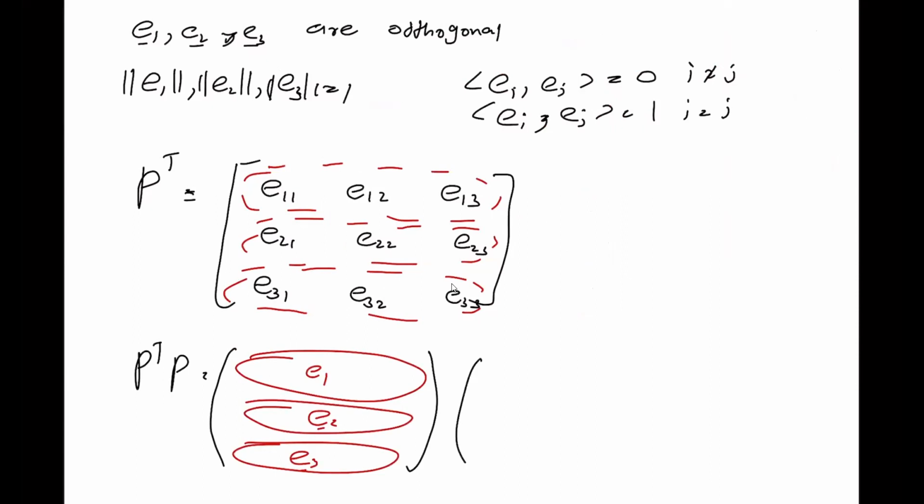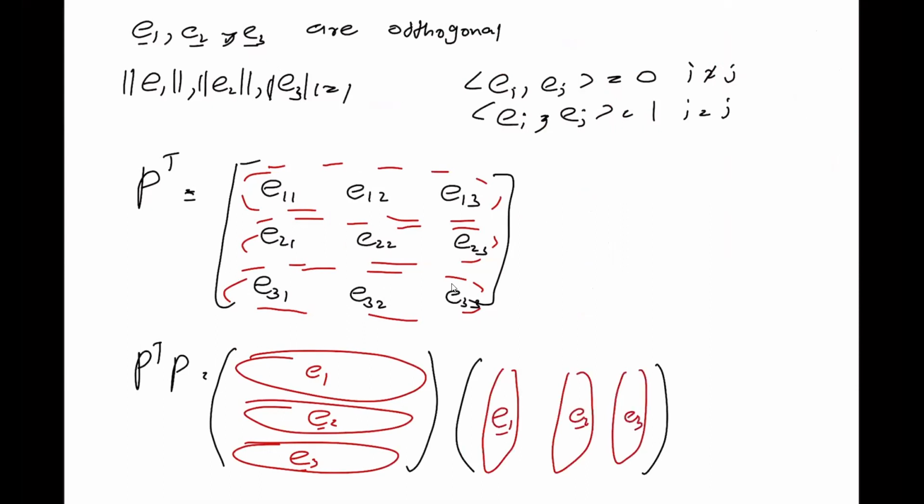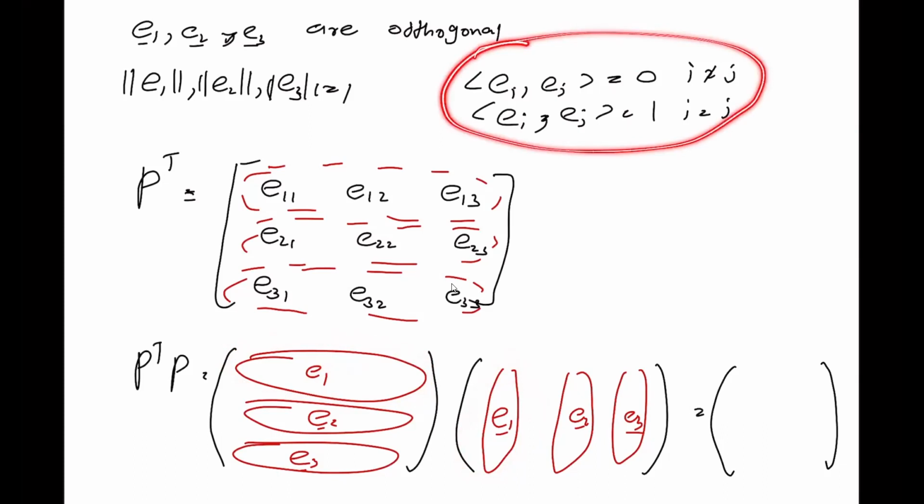And I have to get the matrix product with the second matrix, where my columns are E1, E2, and E3. When you take a matrix product, you consider the first matrix's row as a vector and the second matrix's column as a vector and take the dot product between those two vectors. So you can clearly see, if you evaluate this, because we have this condition, it only becomes 1 in the diagonals.